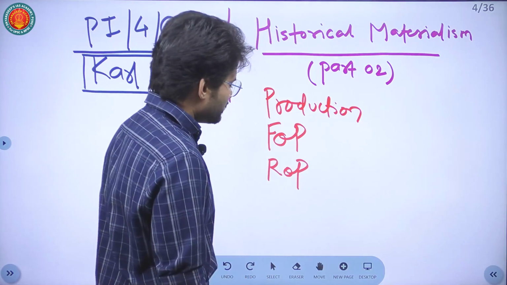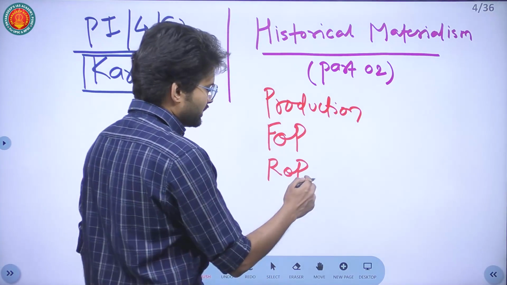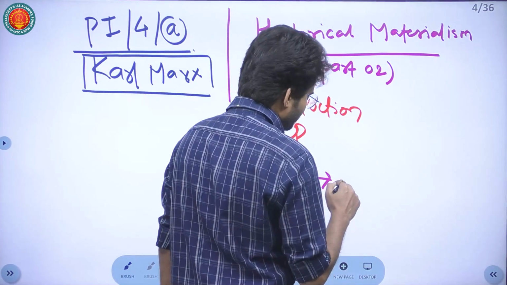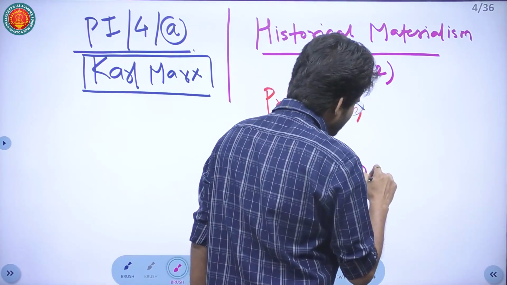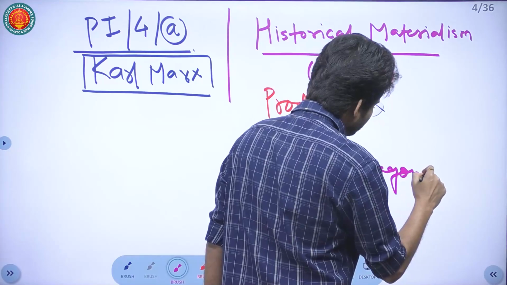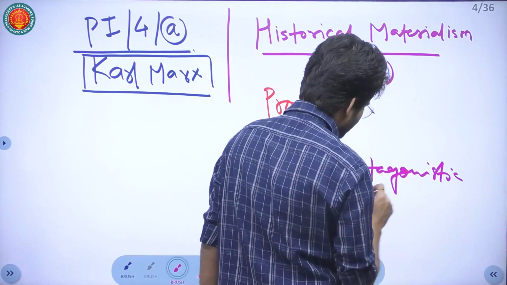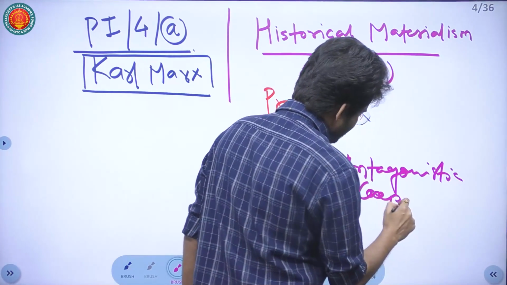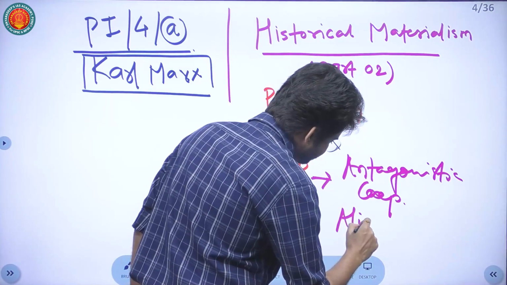The relations of production give rise to two important concepts called antagonistic cooperation and alienation.